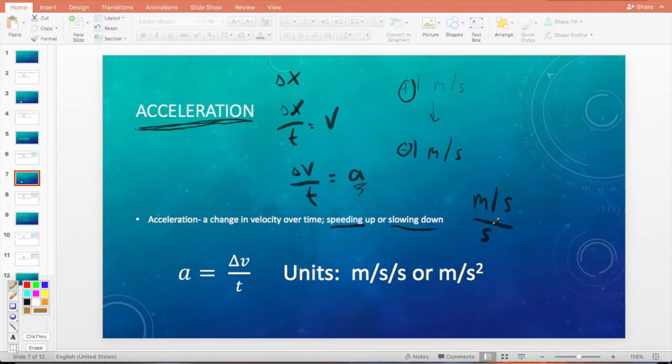I want you to think carefully about what this unit means. It means that every 1 second, your velocity is changing by some meters per second. So every 1 second, you're going 1 meter per second faster, 2 meters per second faster, etc. Another way of writing this is meters per second squared.